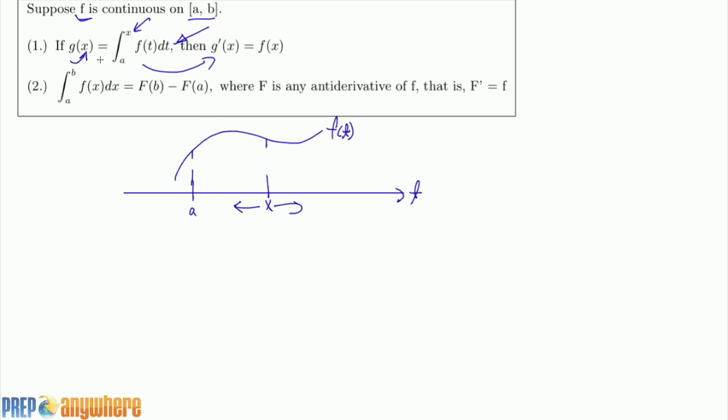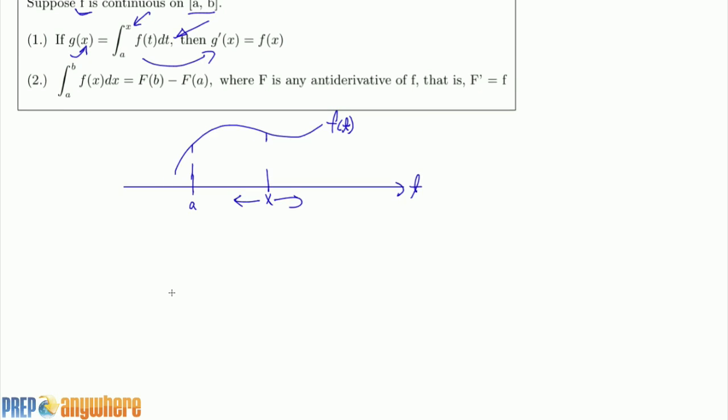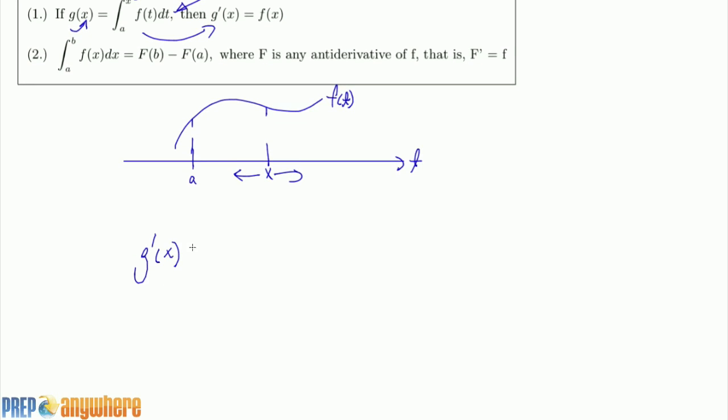So we're trying to show that if this is g at x, the derivative is f at x, right? So g prime at x, we know by definition, is this.